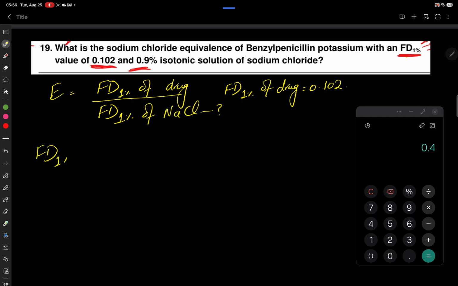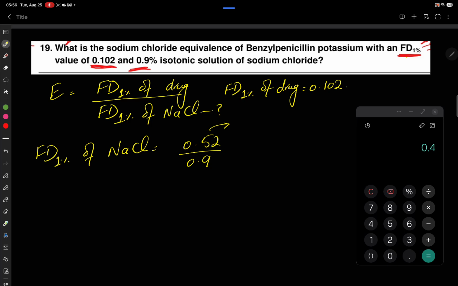FD 1% of NaCl is equal to 0.52 divided by the percentage concentration of isotonic NaCl, that is 0.9% in this case. Now 0.52, what does it imply?